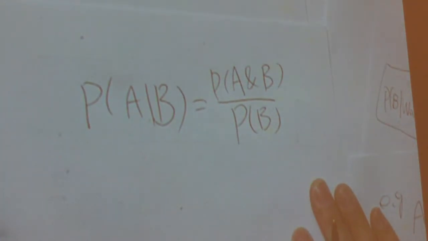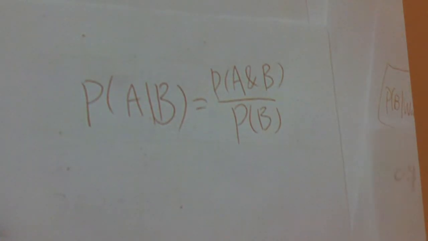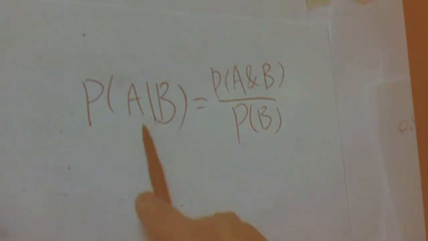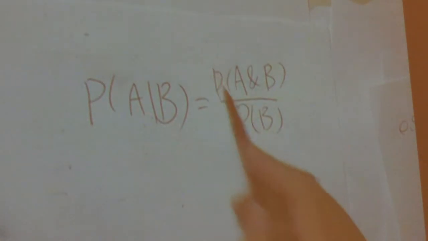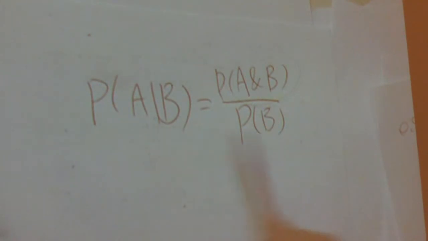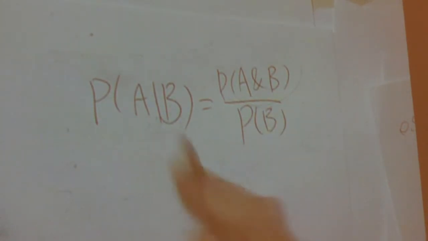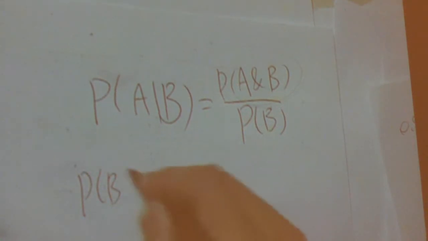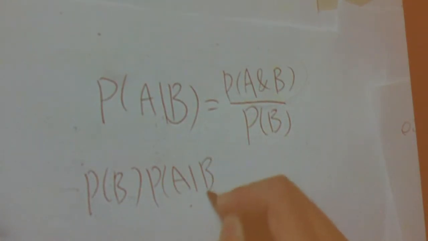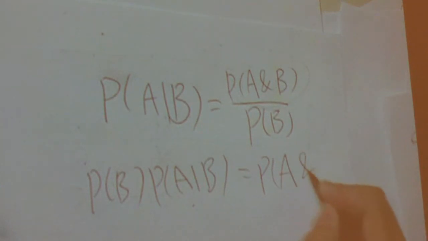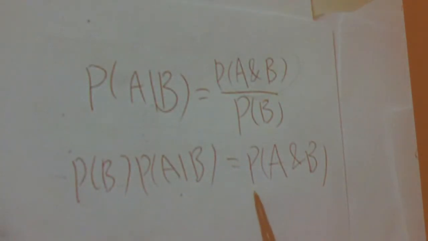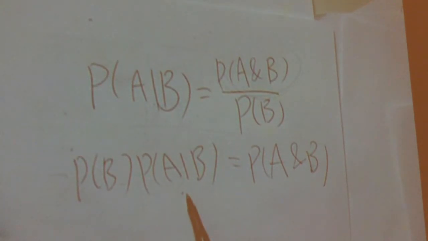You have that. Okay, if you have this, then you can multiply both sides by P of B to get this. That's very simple algebra. So you multiply both sides by P of B, you got P of B times P of A given B equals P of A and B. So you see that? So P of A and B equals P of B times P of A given B.